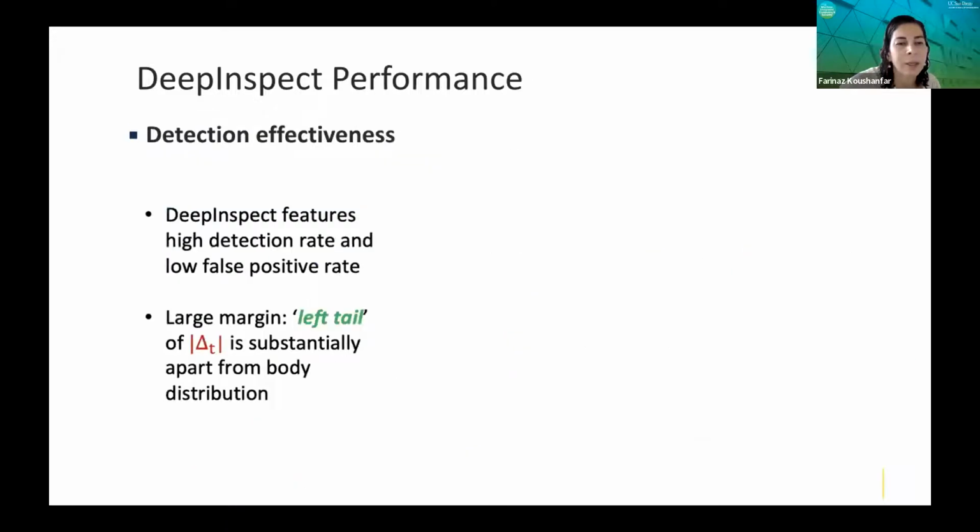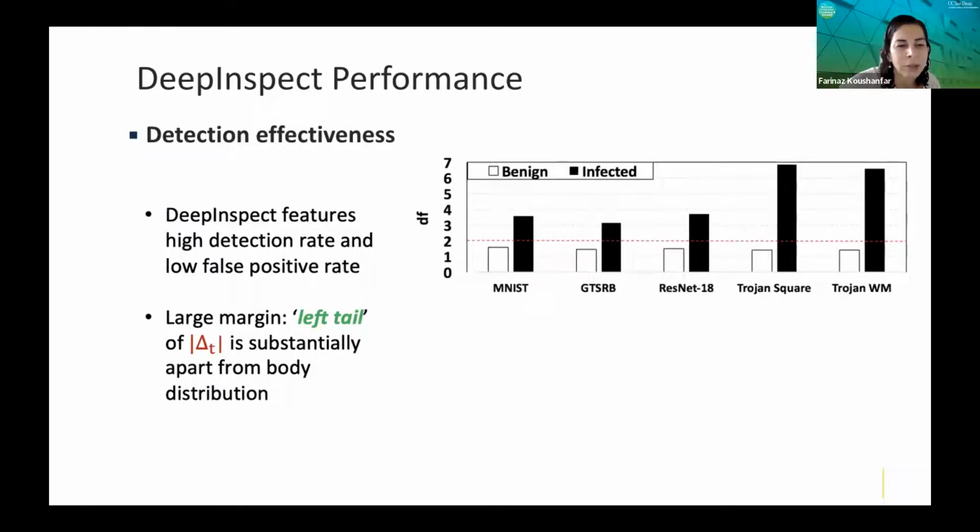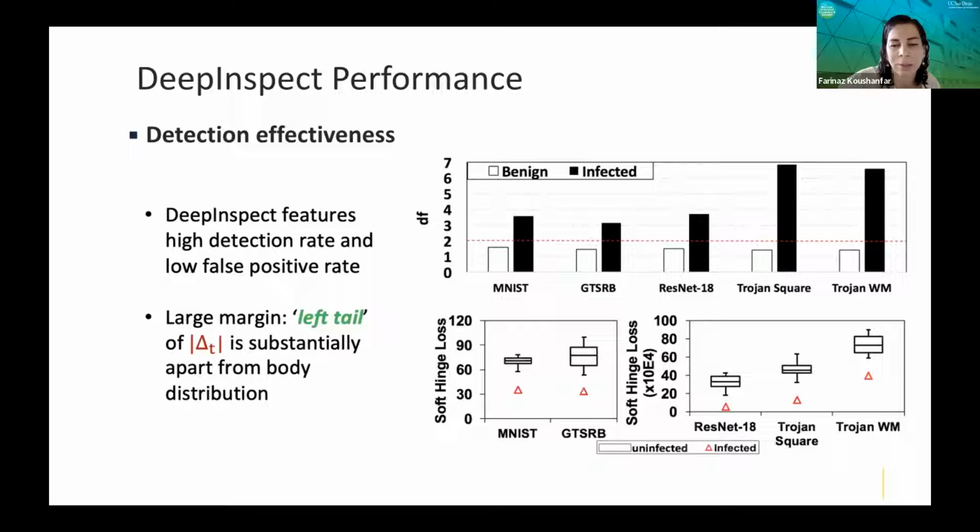Now, the good thing with DeepInspect is that it features a high detection rate and a low false positive rate. You can use the tail of the distribution for the delta t from the body distribution to detect what is happening.